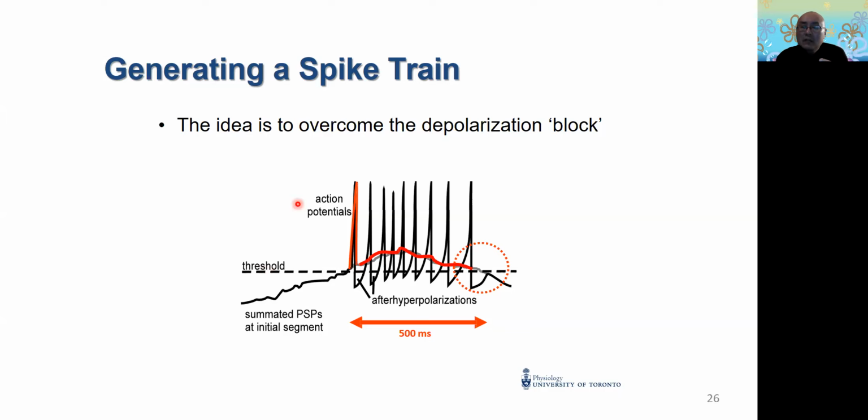So this idea of a depolarization block, because this is what is going to happen. So let's imagine for a second that we have this threshold value, minus 50 or minus 55 millivolts, and we have these summated PSPs that are now reaching the trigger zone. It's above threshold, so we know that at the trigger zone, we'll generate this massive action potential, and then that's it.